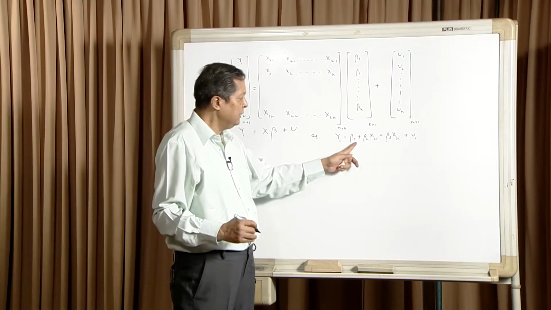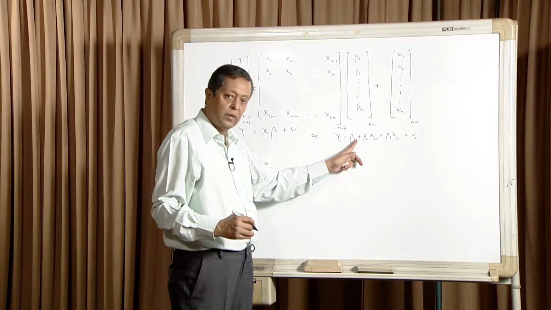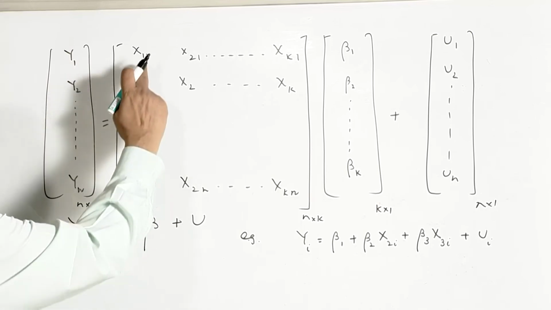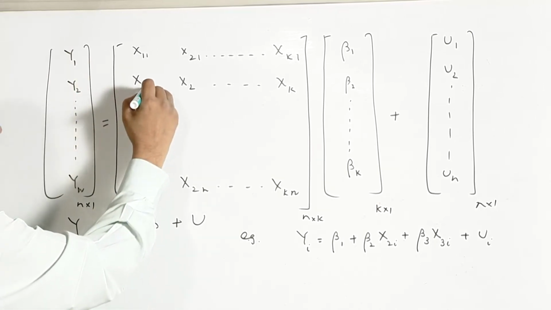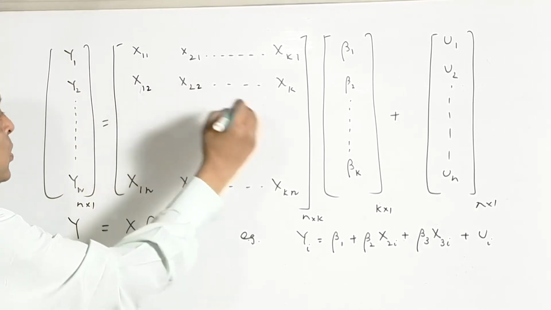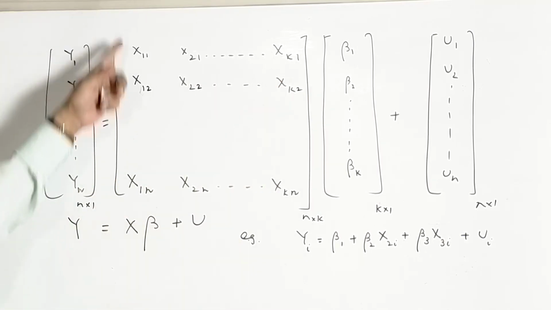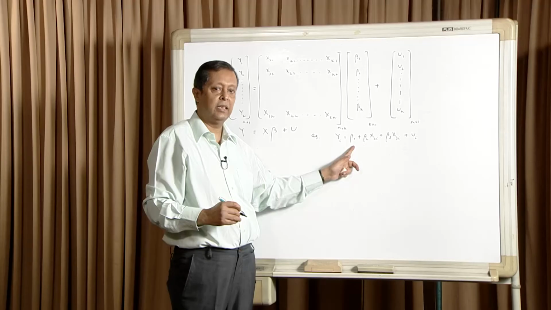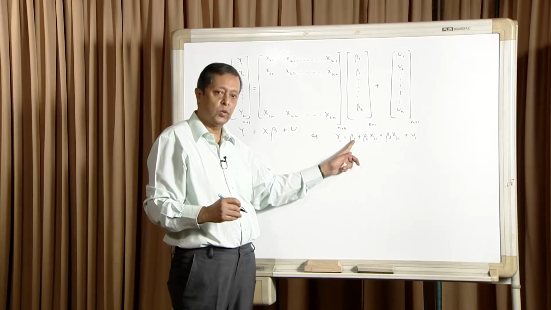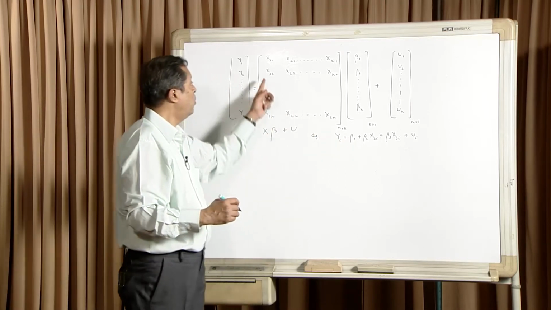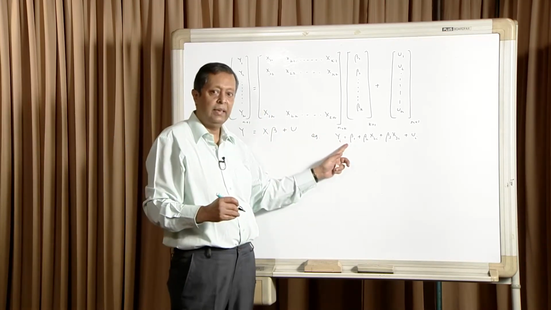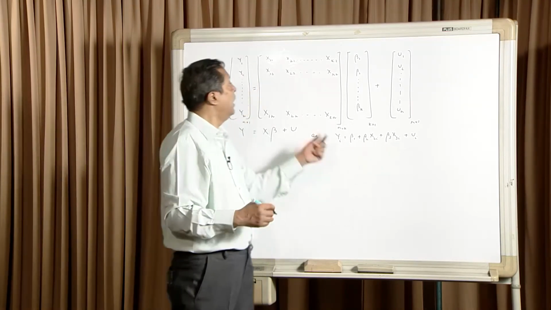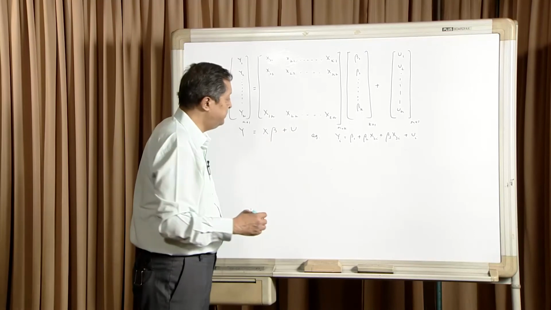And for this beta 1 we do not see any x, which means x1 is equal to 1. So, x11 is equal to 1, x12 is equal to 1. So, the first column is basically a unit vector which takes care of the intercept term. The x variable associated with beta 1 is 1 because beta 1 is an intercept. The other x variables are regular x variables.